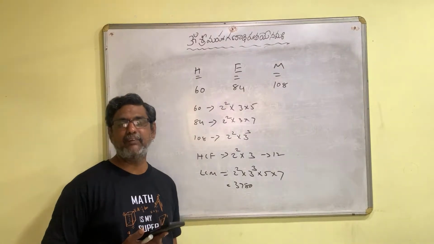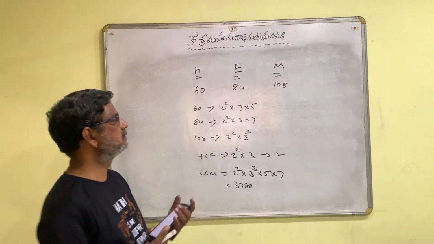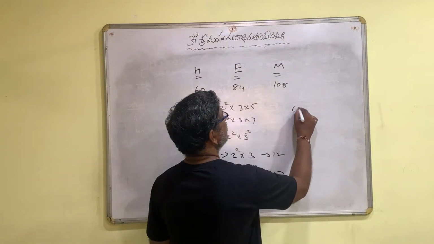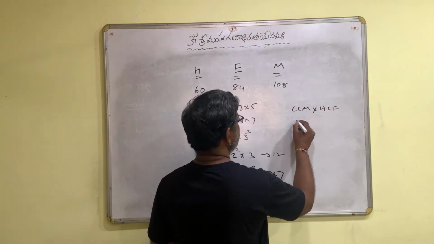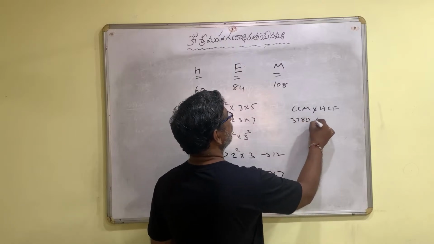Then what is the product of LCM and HCF for these numbers? What is LCM into HCF, children? LCM 3780, HCF 12.